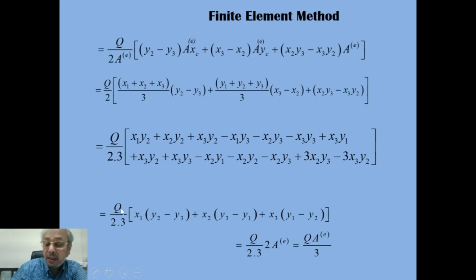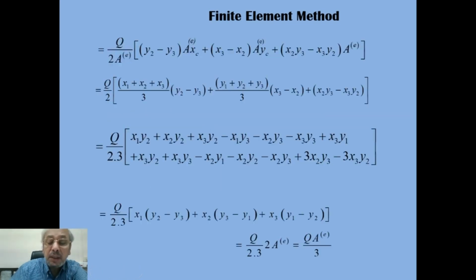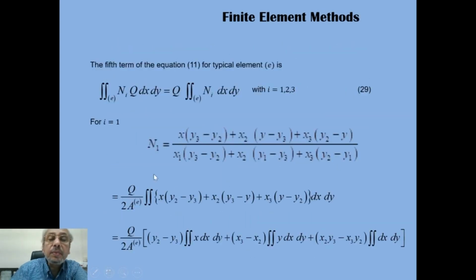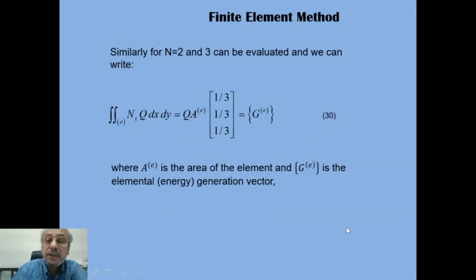And if we go for N2 and N3, then for each i equal to 1, that means N1, N2, N3: for i equal to 1, we have got qA by 3. Similarly, i equal to 2, also we will get qA by 3, and i equal to 3, also we will get qA by 3.